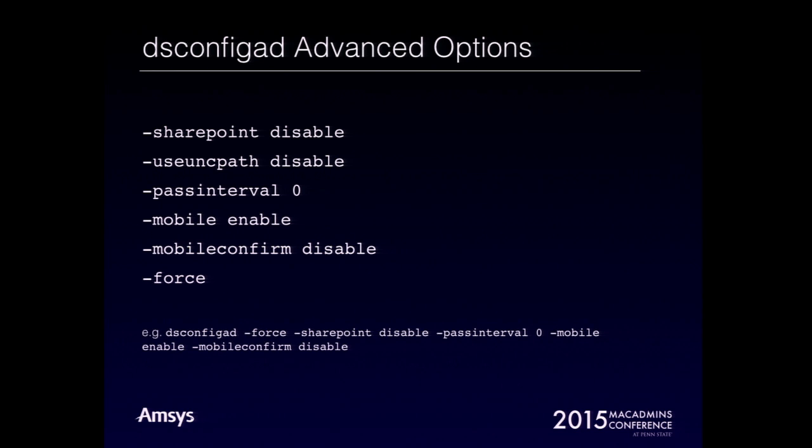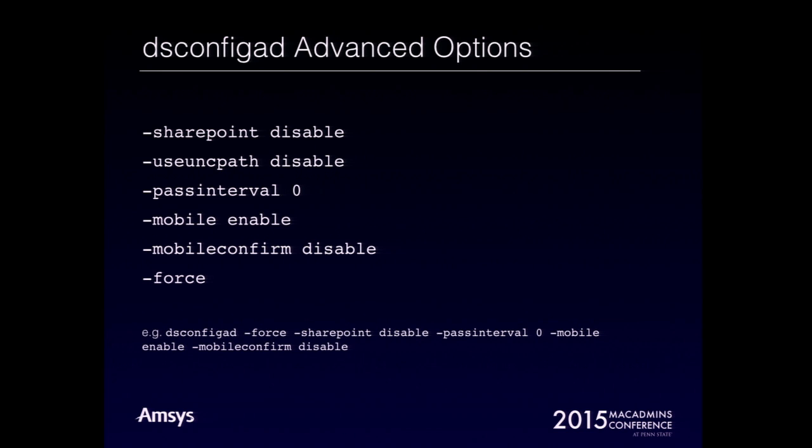-passinterval 0. Is anyone setting that option, the passinterval? A couple of people. Okay. So this is for machines that are off the network a lot. Every 14 days, by default, it will try and change the computer object password. I think it was 10.4 or 10.5 where this came in.